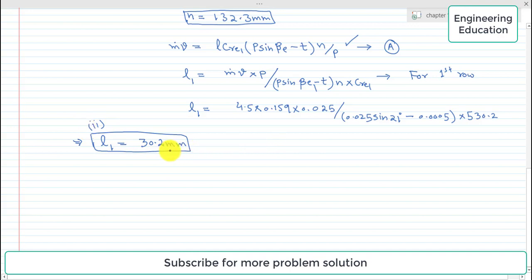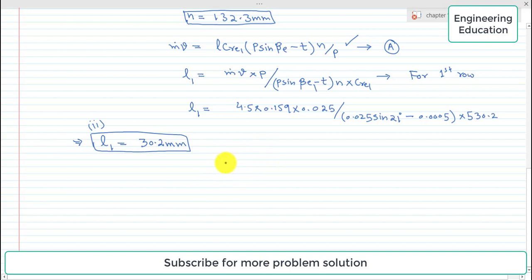Now to find the fixed row blade exit height, for that again we will rewrite the equation A and will put the values accordingly.